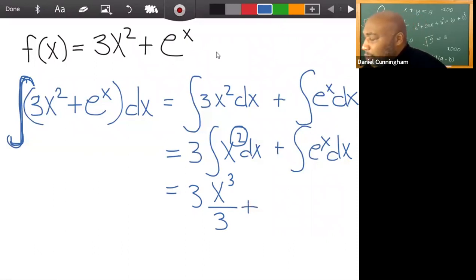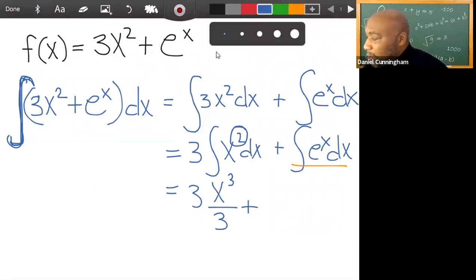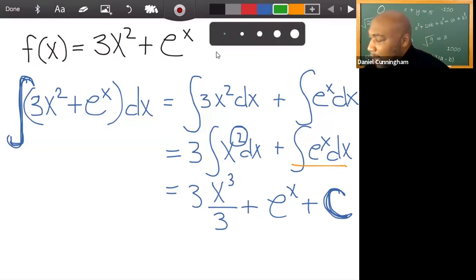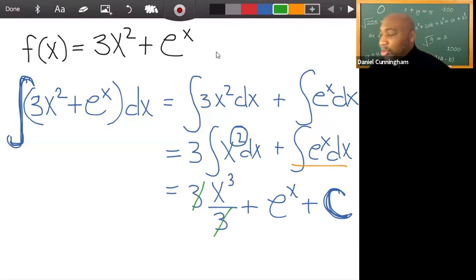So the next one we do, I'm going to underline it in orange. We just do the integral of e to the x dx, and that will give me just e to the x plus some other c. In this case, I combine those two c's. I said a c1 and a c2, I get an arbitrary c. So don't forget, when you finish integrating, it'd be plus c. Now I'm not done, because I can cancel out this 3 with that 3.